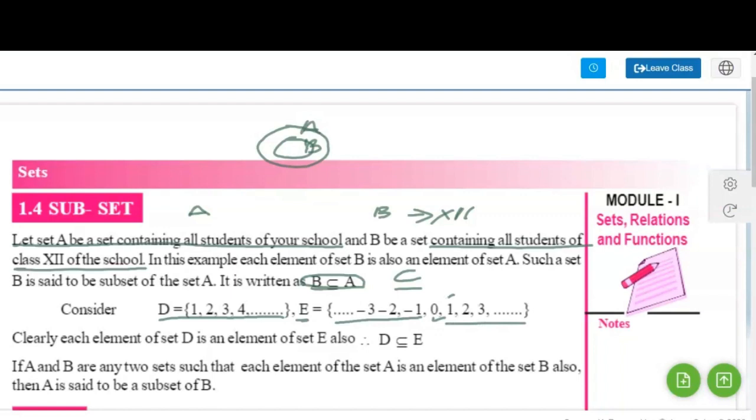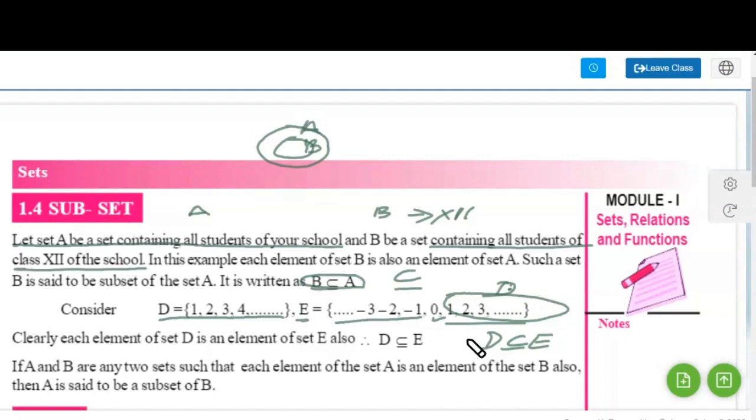So this whole thing is D set. In that case, we can say D is a subset of E. All the elements of D are available in E. That is the meaning of subset.